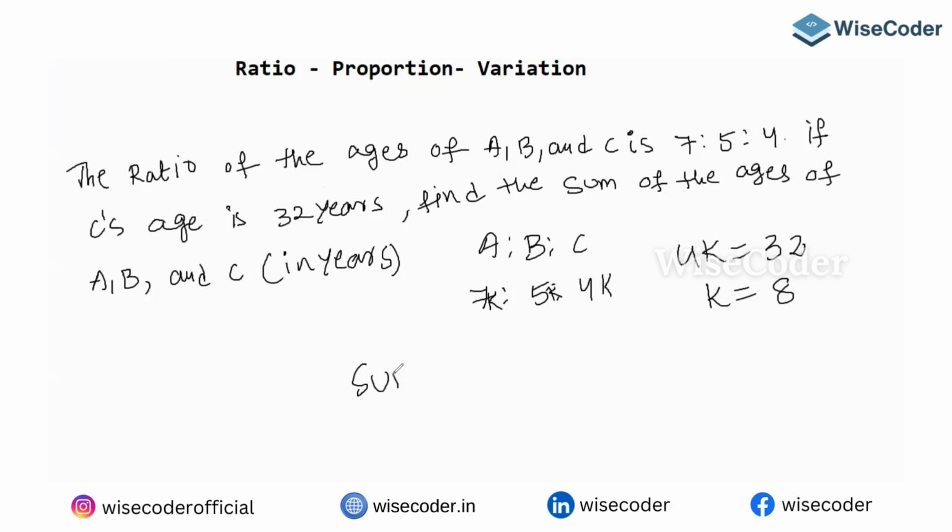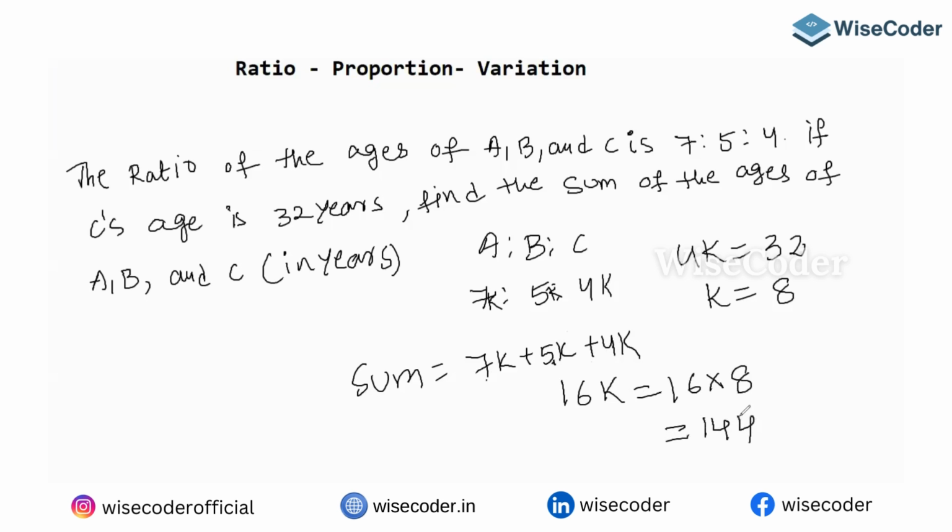So the sum will be 7k plus 5k plus 4k. 7k plus 5k is 12k, 12k plus 4k is 16k. So that is nothing but 16 into 8. 16 into 8 will give you 144. So the sum of the ages will be 144.